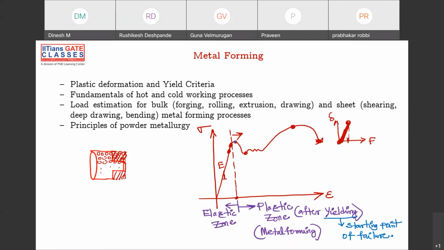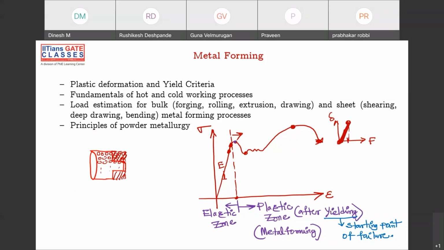What is happening if you are having a metallic rod of diameter D and length L or height H, let's say, then you are trying to pull. What will happen to the diameter? What will happen to the diameter if you are trying to pull? Guys, reduce. Length will increase.